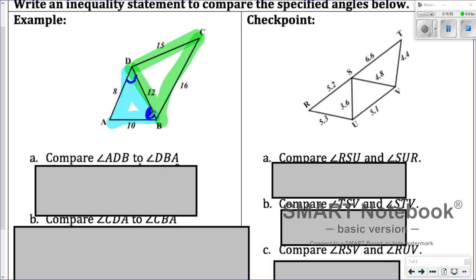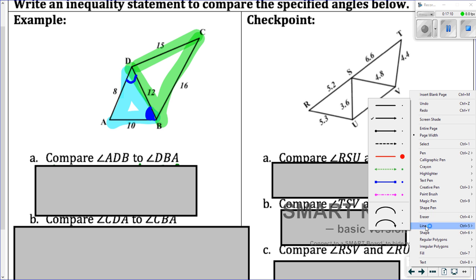I'll color that one, and the other one will be an open angle. So if I look at it, there's no value for it, but they have sides. This triangle has 8, 10, and 12. So again, remember, we're looking at the opposite.